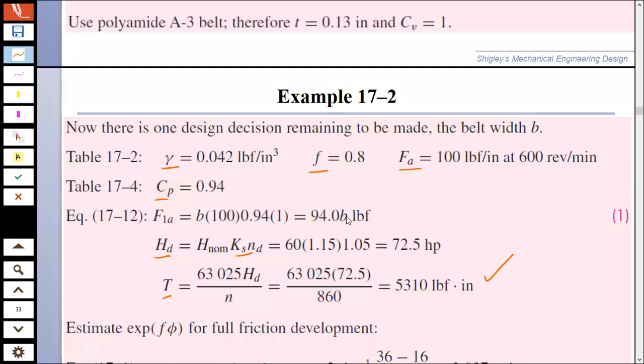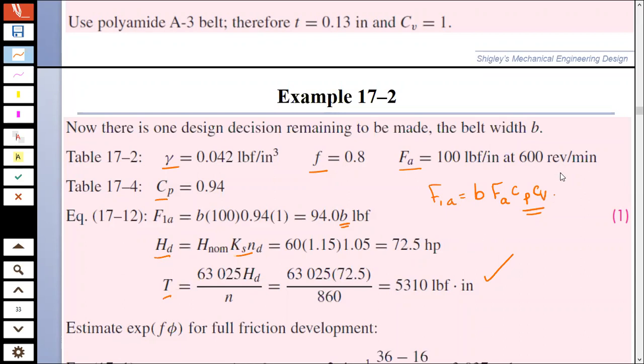That is in terms of B, right? Because FIA is equal to B times the value in the table, which is FA, and then some corrections applied to that, which is CP times CV.